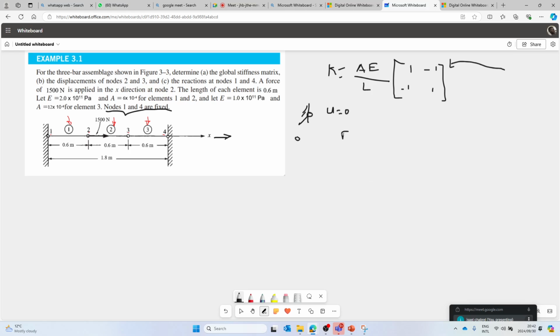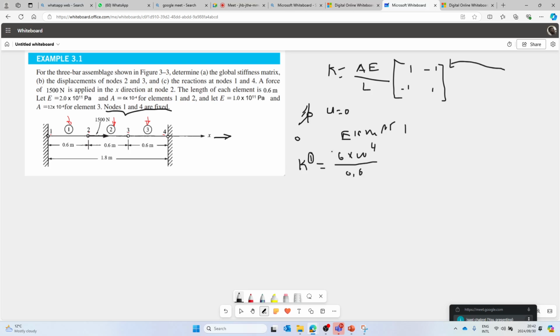If you look at element 1, you apply this formula. So what do you get? Let's do element 1. You can call this K1, with the area given as 6 times 10 to the minus 4, over L. The length, from 1 to 2, is 0.6.